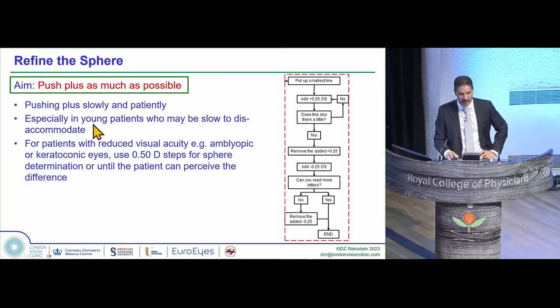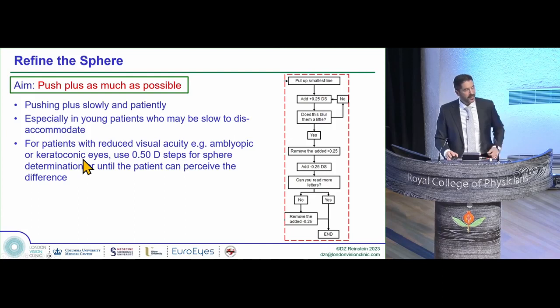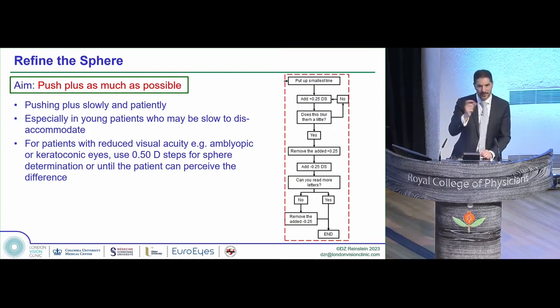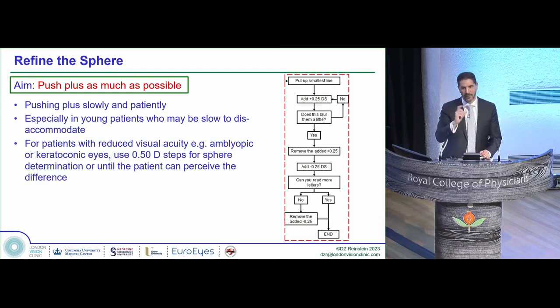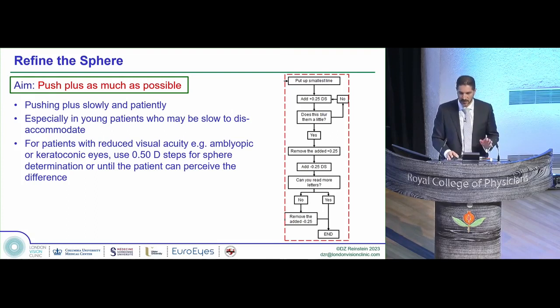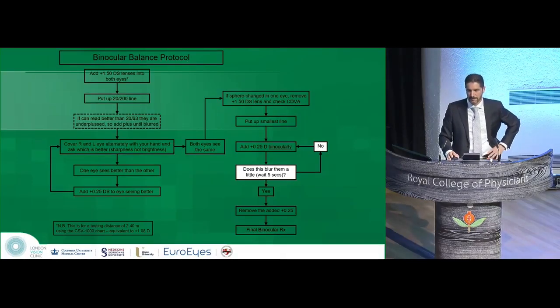And this is especially true in the younger patients, obviously, because they've got much stronger accommodative power. If you have a keratoconic eye or somebody with amblyopia, they might not perceive a 0.25 difference change, so you might have to go up in half diopter steps. Again, it's just something to bear in mind. In some cases, it's a bit more obvious. So again, does it blur them a little bit?